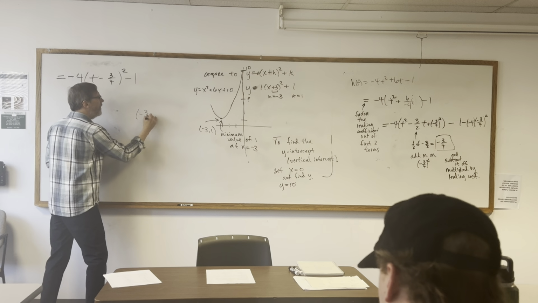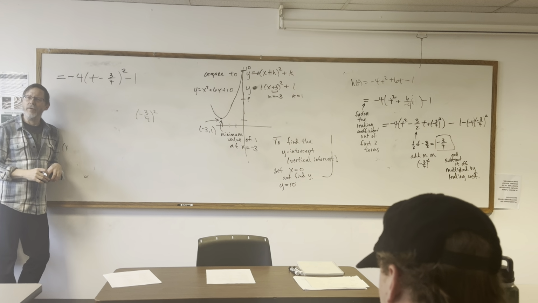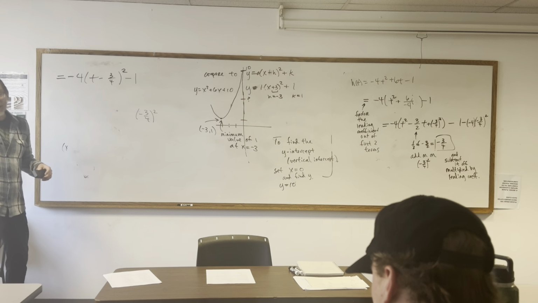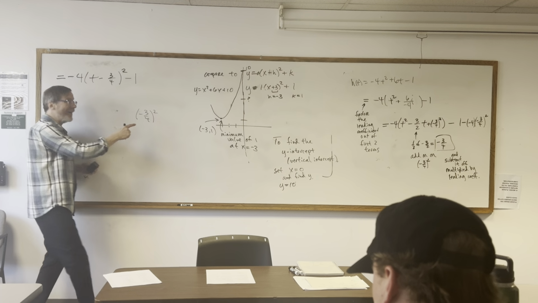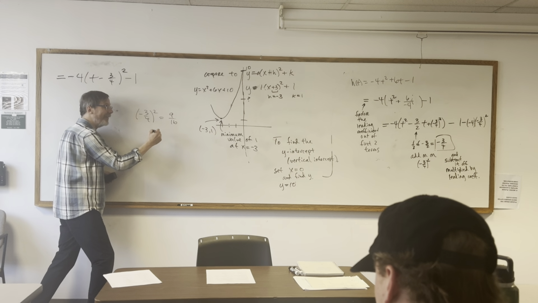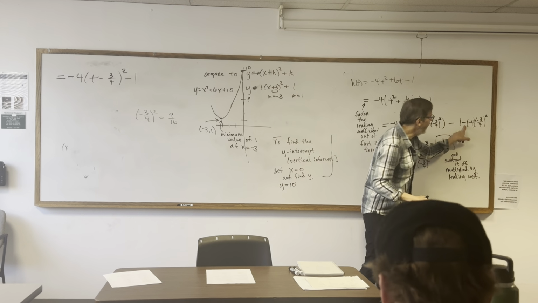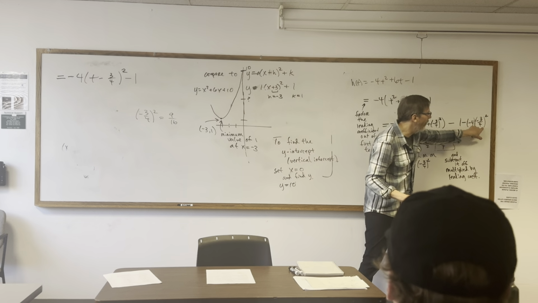What is this? 9/16 and a positive 9/16. Yeah, and you said that because you didn't say negative. So just beware that this is actually positive 9/16. So I've got -4, or minus, so that's +4 times that.